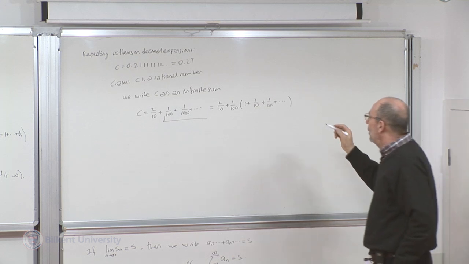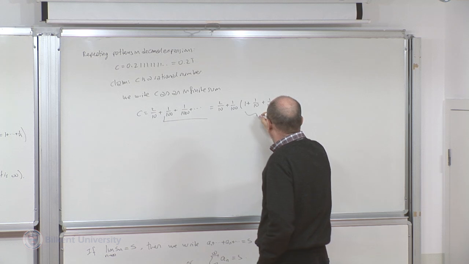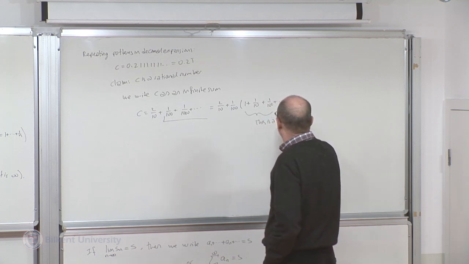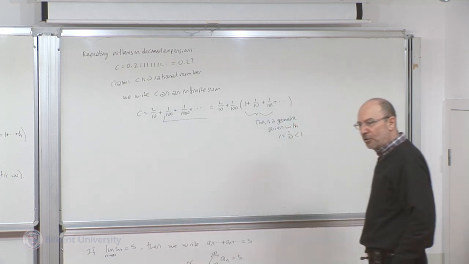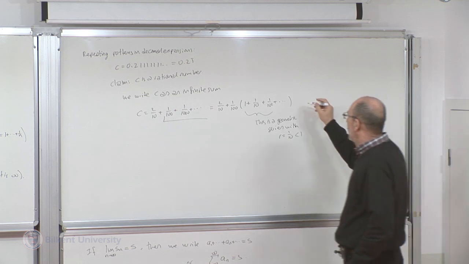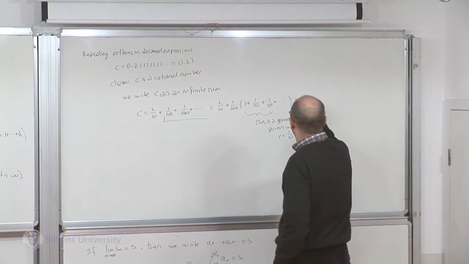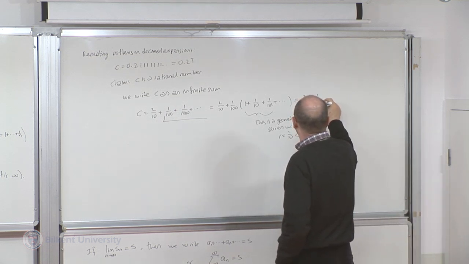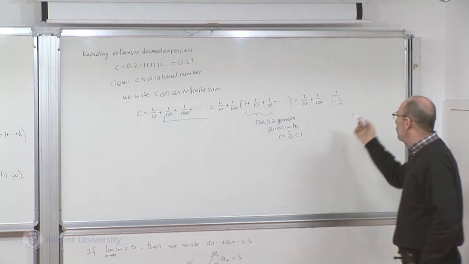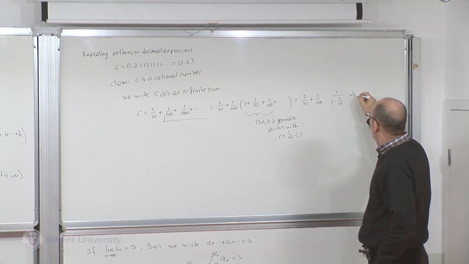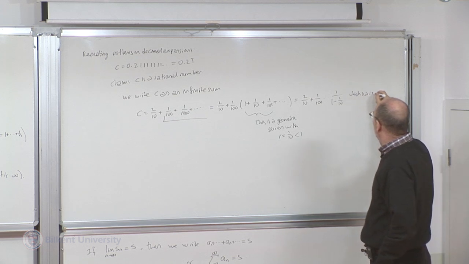So this part is a geometric series with general term 1 over 10, which is positive and less than 1, so it converges. So this thing is equal to 2 over 10 plus 1 over 100 times 1 over 1 minus 1 over 10. So it's a rational number.